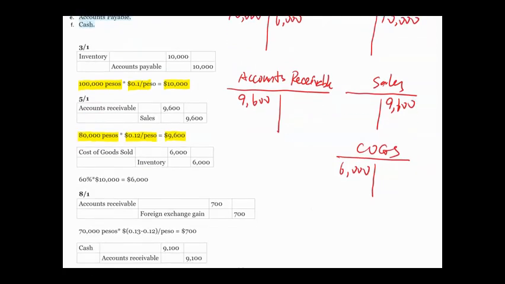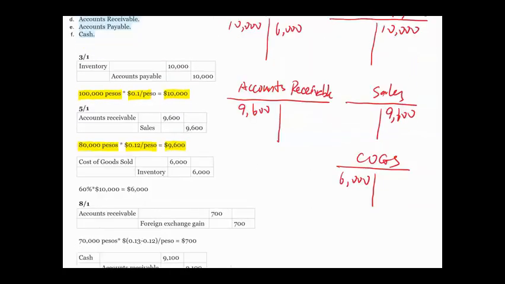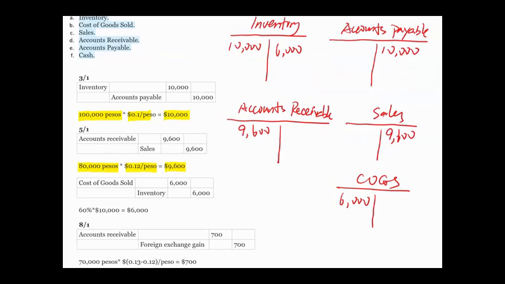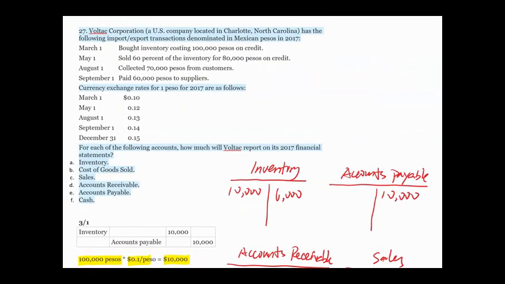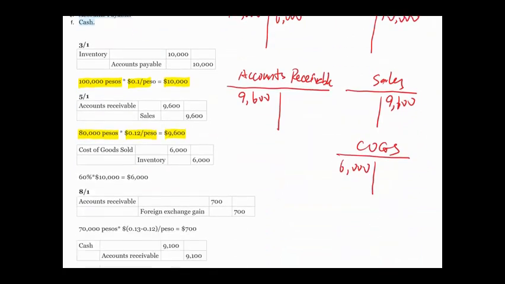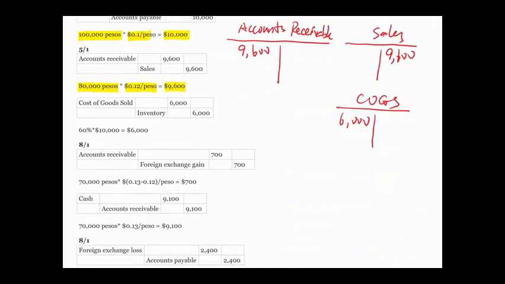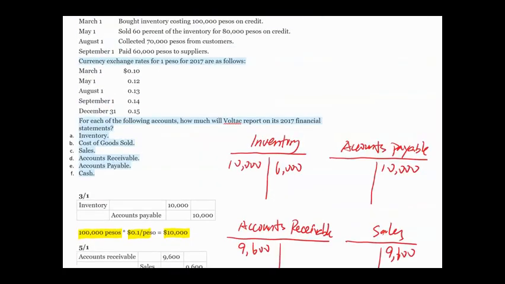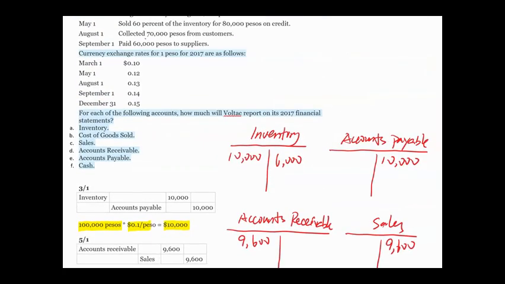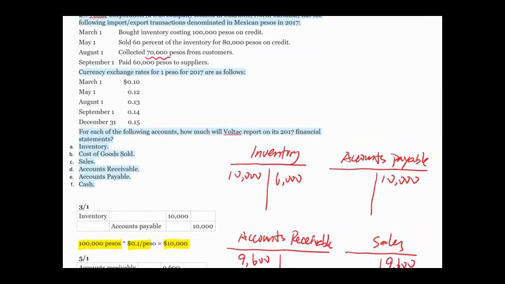Alright, then let's move on to August the 1st. On August 1st, they collect 70,000 pesos from customers. So they collect accounts receivable from customers. First we need to figure out how much they collected: 70,000. Next we need to figure out the exchange rate change during this period.